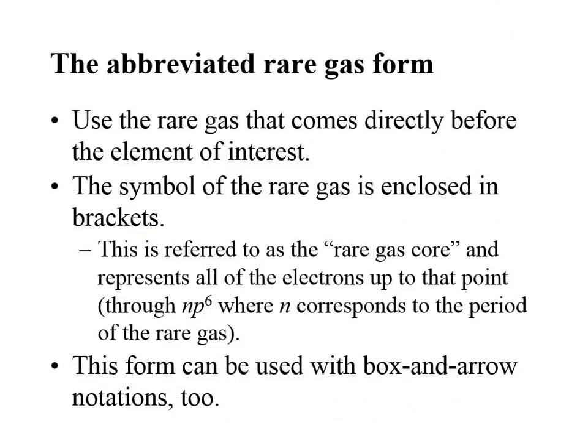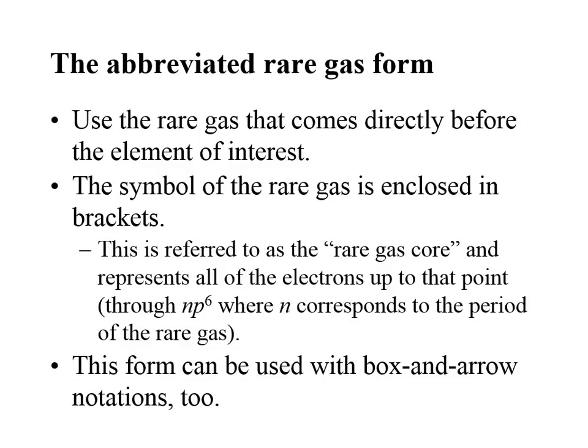So what does the abbreviated rare gas do? How does it work? Abbreviated rare gas notation works for the spectroscopic notation of electron configurations. Basically, you write in brackets the rare gas that's in the period before the atom you're trying to configure.